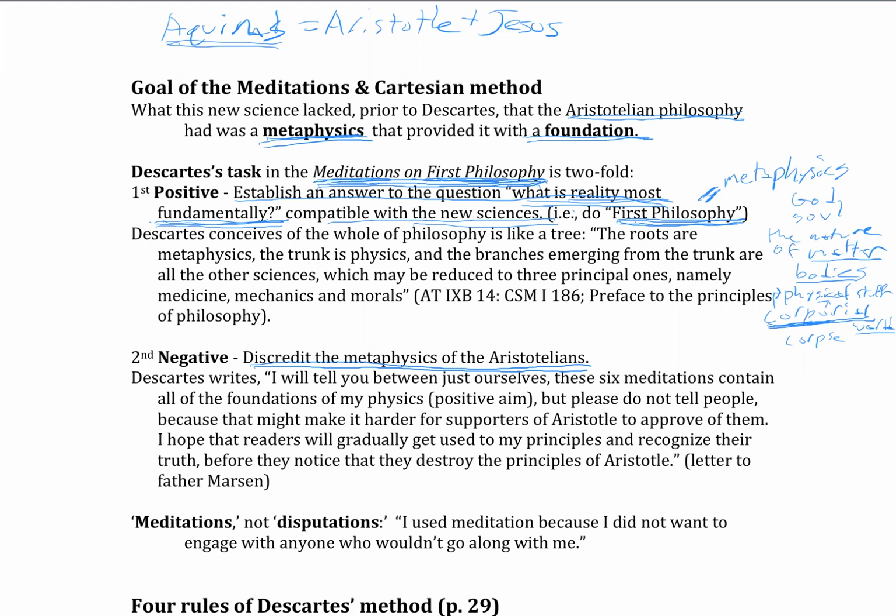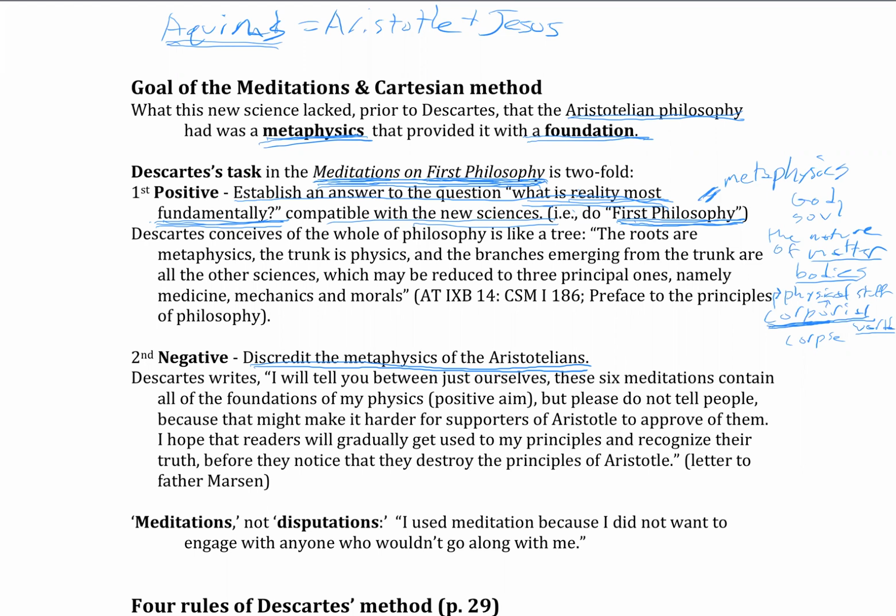There are other proponents of the new sciences around, but the reason he's not writing for them primarily is he thinks they'll already agree with him by and large, and so he doesn't think that he needs to convince them.